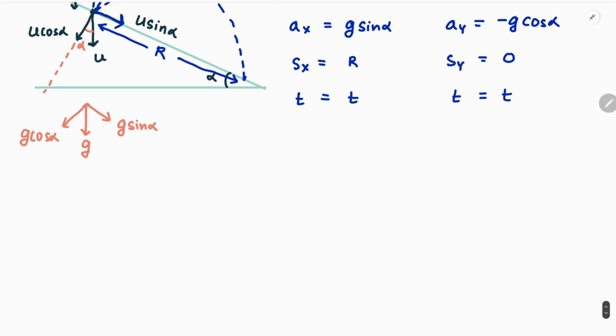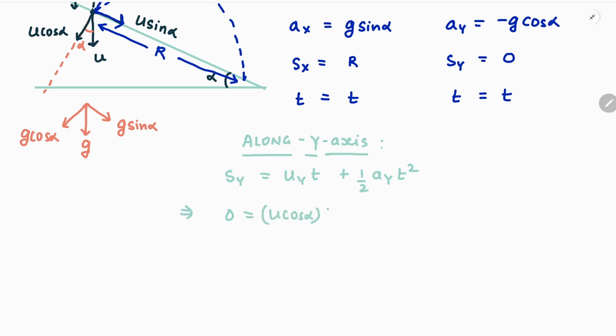So if we solve along the y-axis, displacement along the y-axis is equal to initial velocity along y times t plus half acceleration along y times t square, and therefore we can say 0 equals u cos alpha t minus half g cos alpha t square.